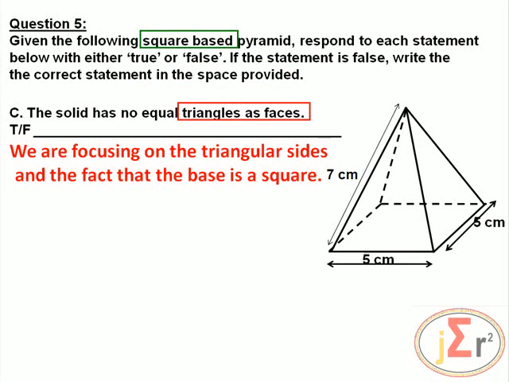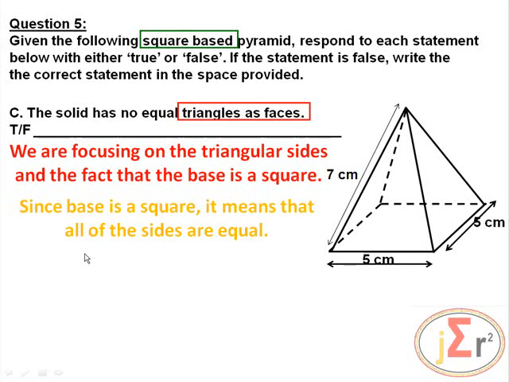We are focusing on the triangular sides, and we are also focusing on the fact that the base is square, as we said before. Since the base is a square, it means that all of the sides are equal.